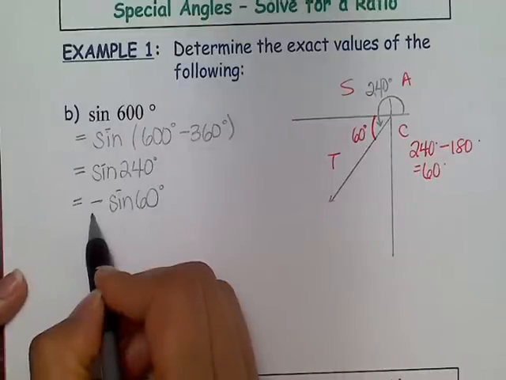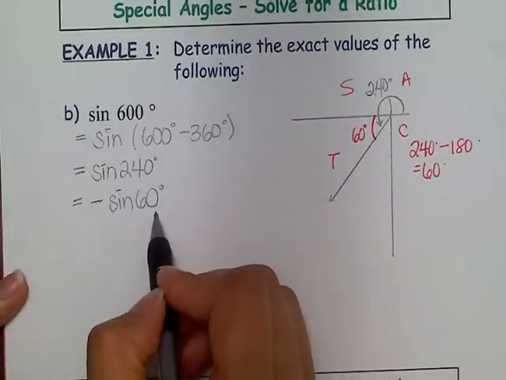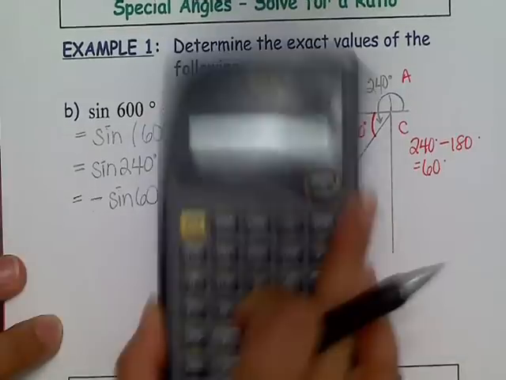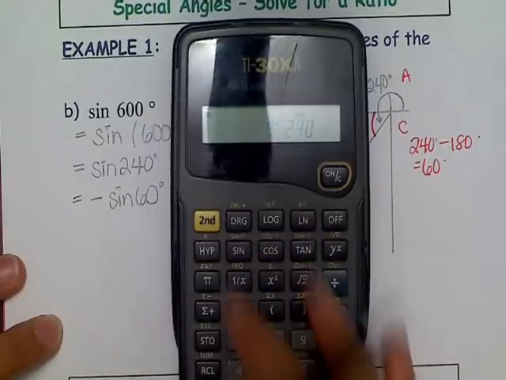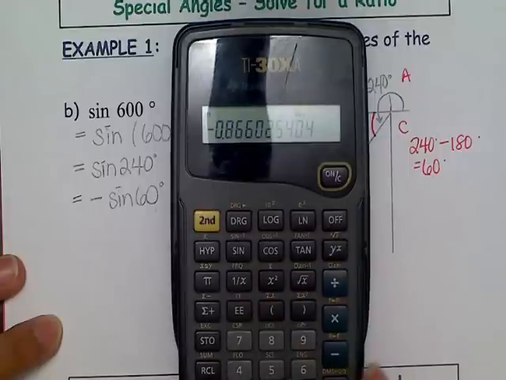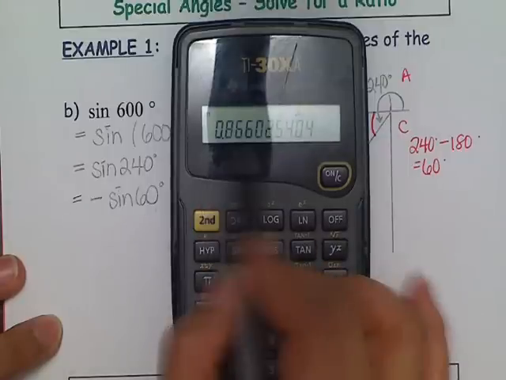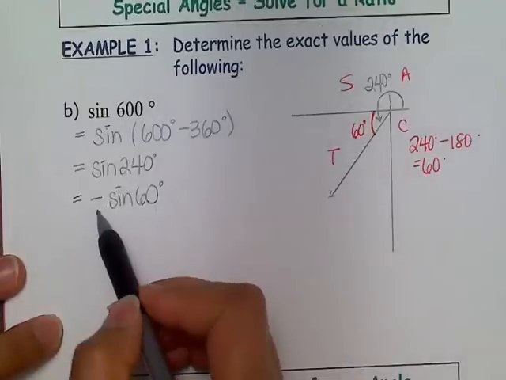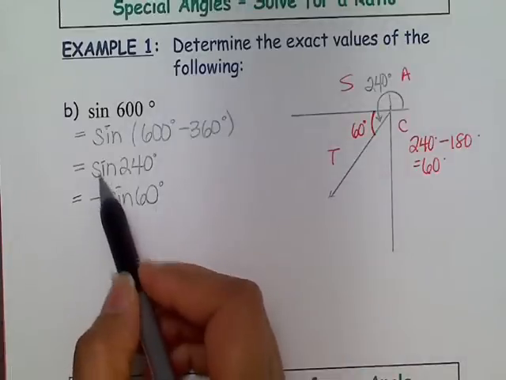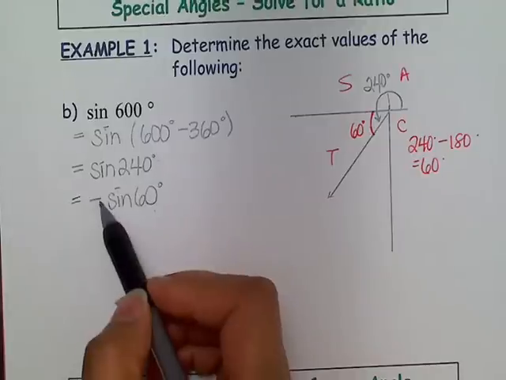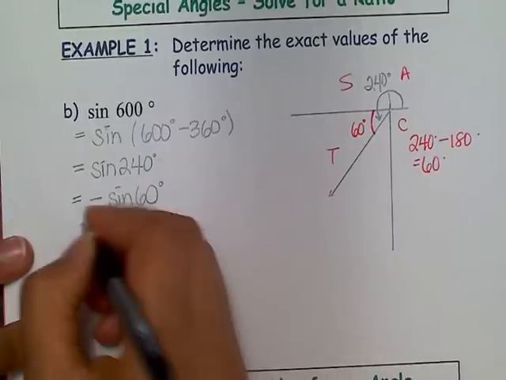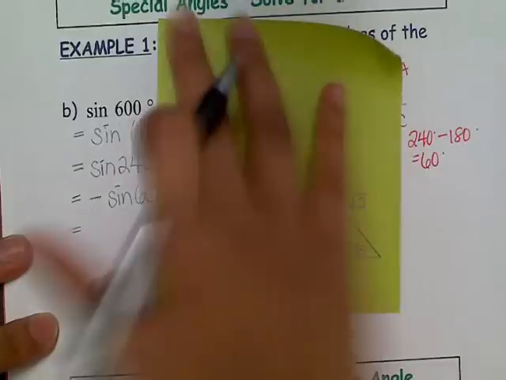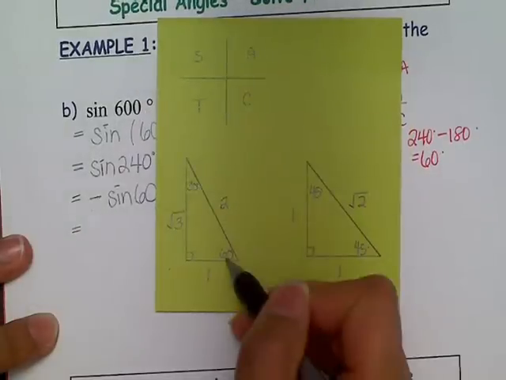So instead of writing it as sine of 240 degrees, I'm rewriting it using the CAST rule to help me determine the sign, and then the related acute angle that should give you the same answer but just not the same sign. Okay, and you'll notice that if I actually do the sine of 240 degrees and if I do the sine of 60 degrees, the numerical part's the same, the sign might be different. So that's why it's important to put the negative sign here to make sure that the answer sign is the same.